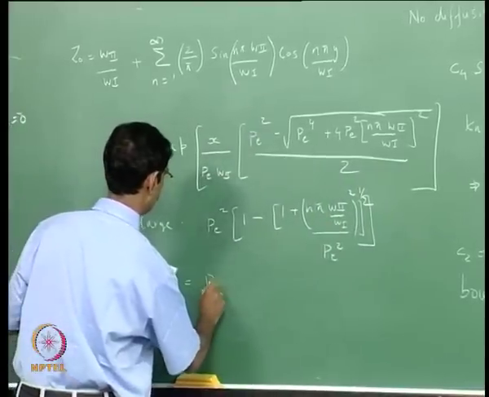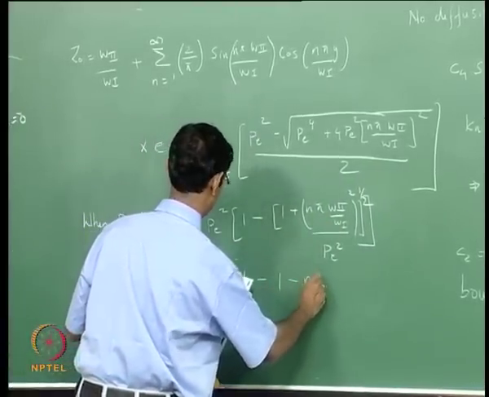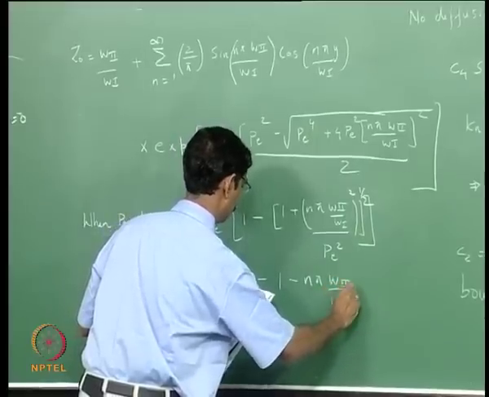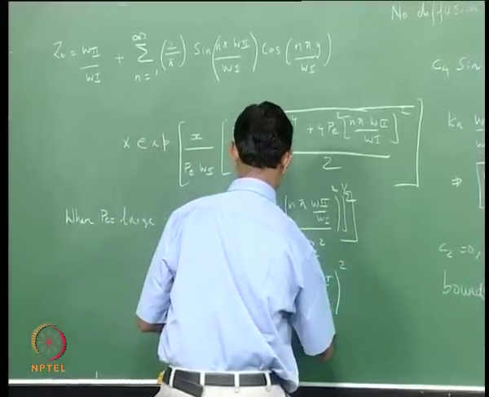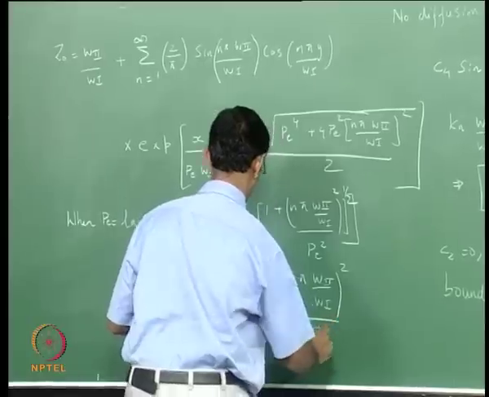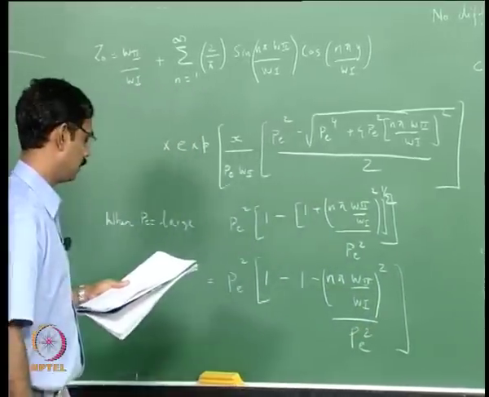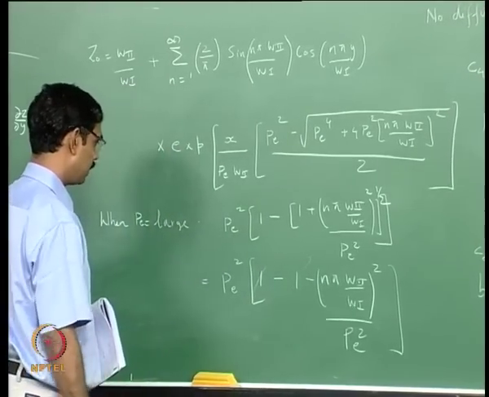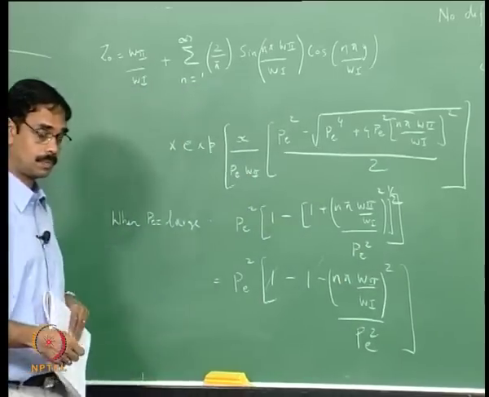So this would be Pe squared into 1 minus 1 minus. So when Peclet number is large, we can simplify it as this particular term.